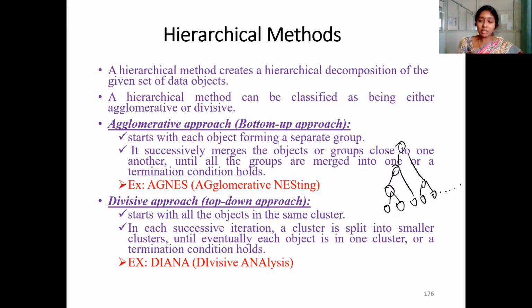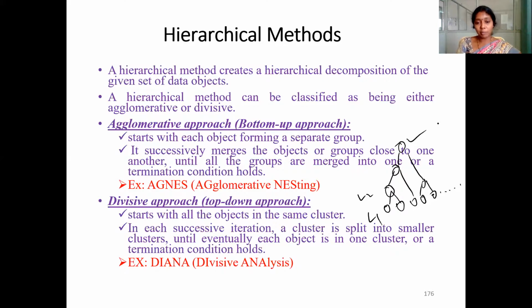Merging means the similar clusters, if suppose this is level 1, in level 2 the similar clusters in level 1 should be merged to form a new big cluster. Similarly, in level 3, some clusters in the lower levels can be merged based on the similarities among them to form a new big cluster. And this process should be repeated until you get the single cluster or until a certain stopping criterion is satisfied.